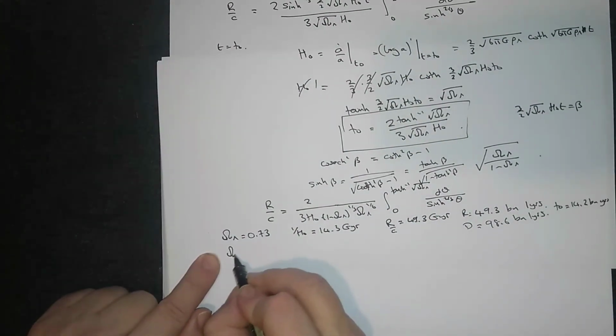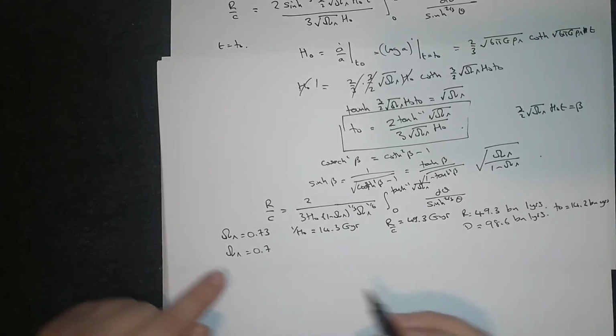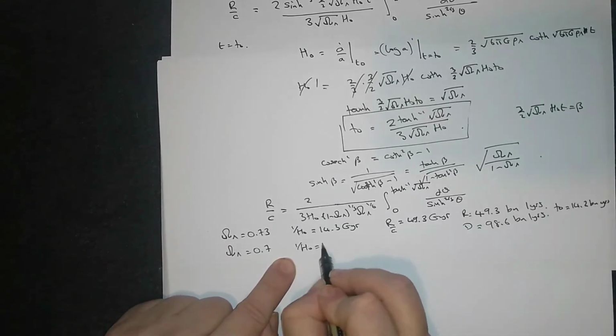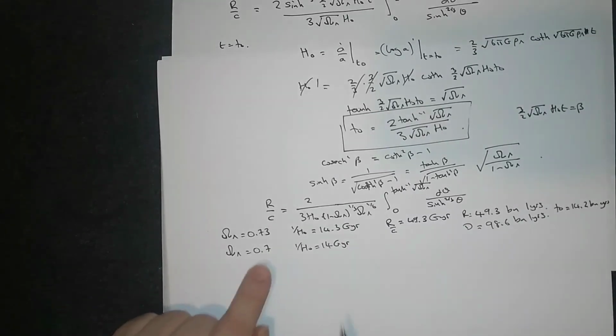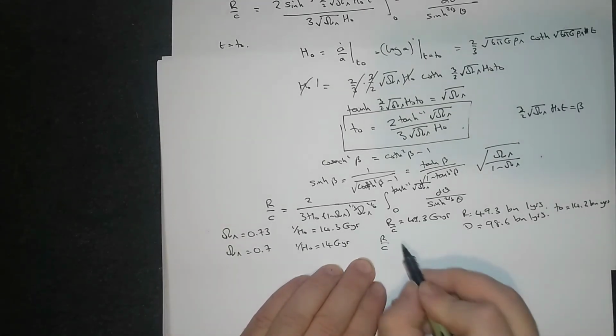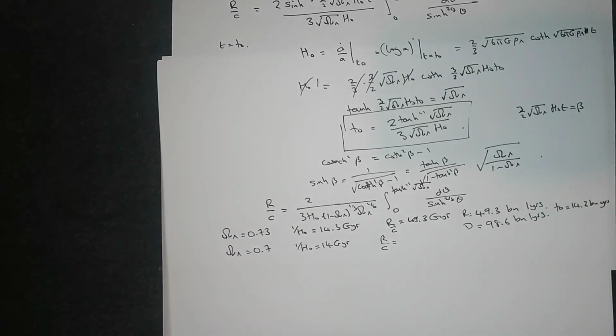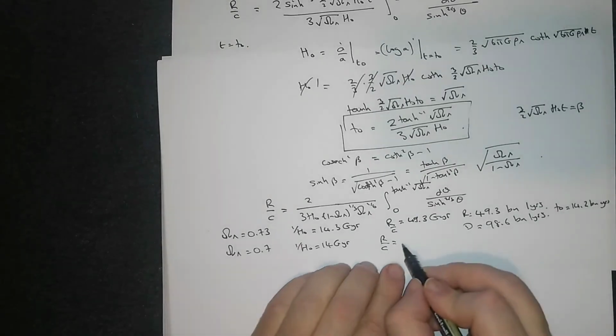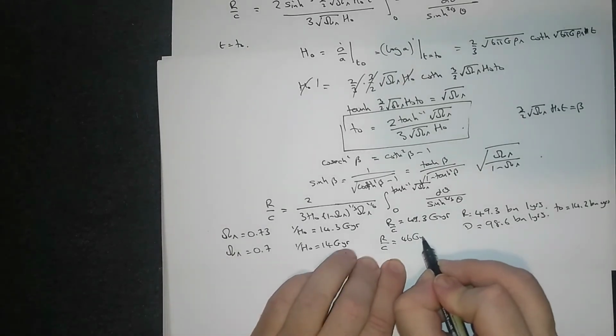If we take omega lambda as 0.7, 1 over H naught about 14 gigayears, you will end up with R over C as 46 gigayears.